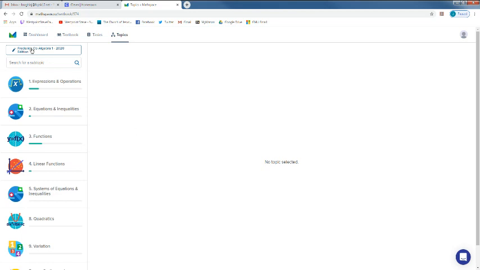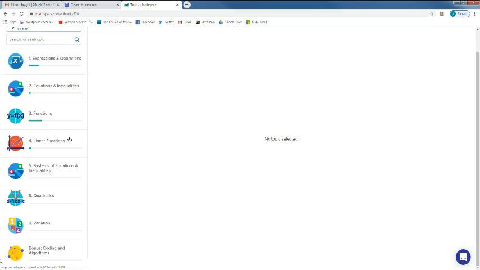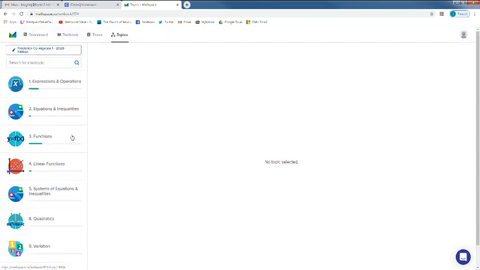So right now, as you can see, I have it in the Frederick County Algebra 1 2020 edition. And you have all of your, well, at least most of the units that we've done so far, minus the polynomials, and I think simplifying radicals is the other one that's missing out of here.